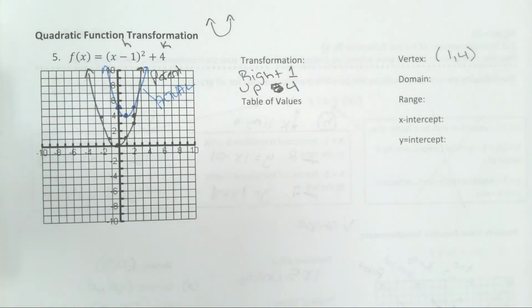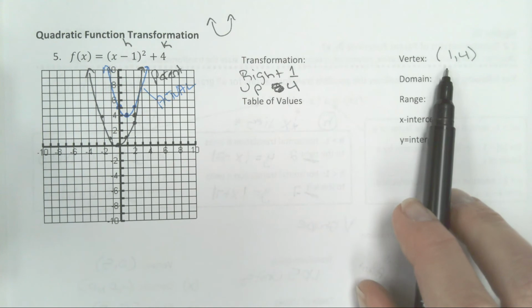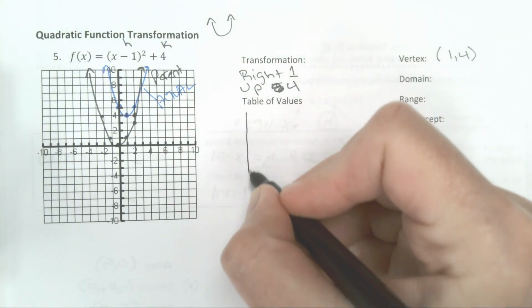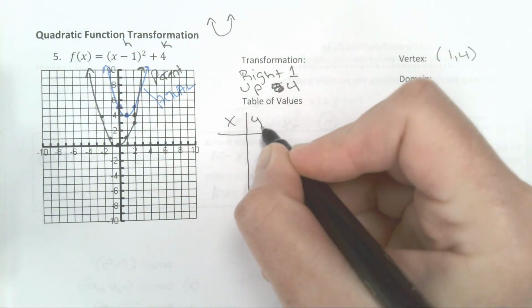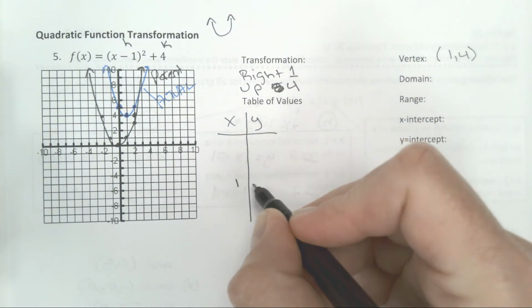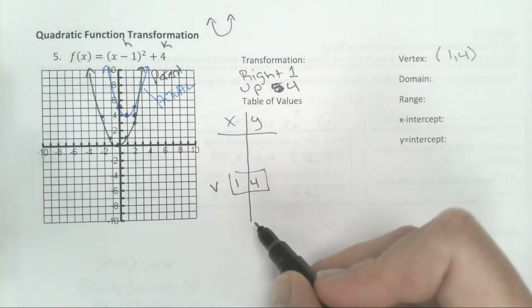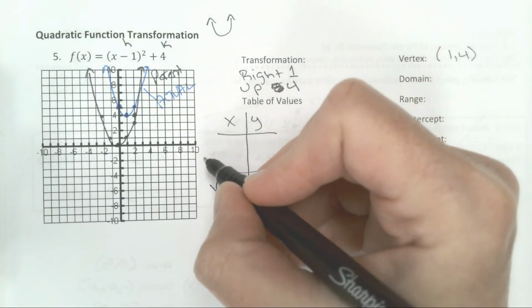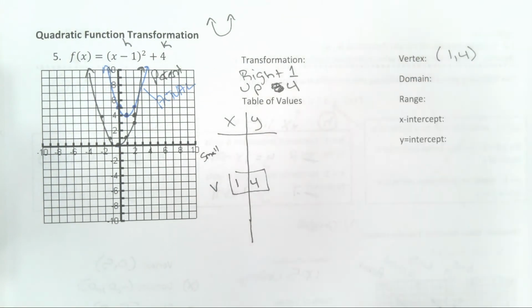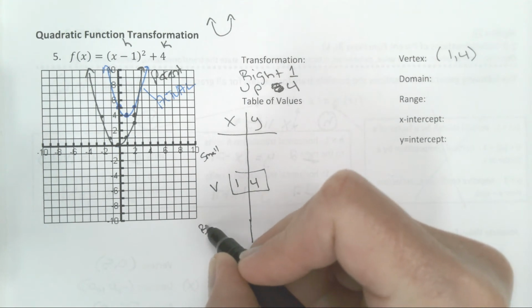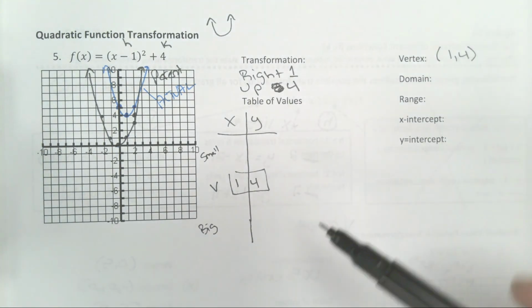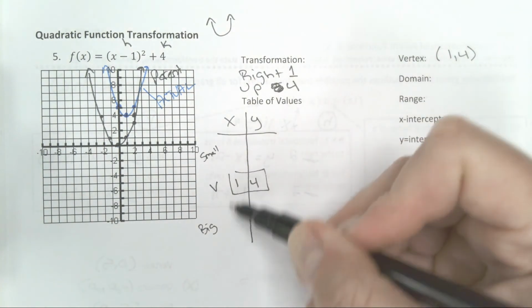Let's make a table of values and verify that we get the same points. So you take your vertex, and I always start it in the middle of my table of values. And then I use 2 smaller numbers and 2 bigger numbers. So think of this as just a number line.